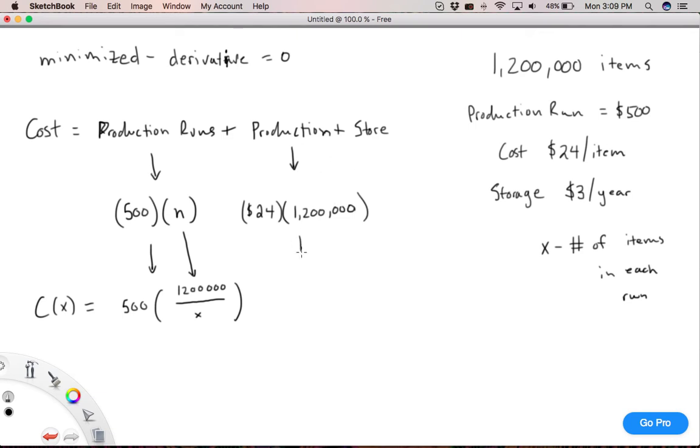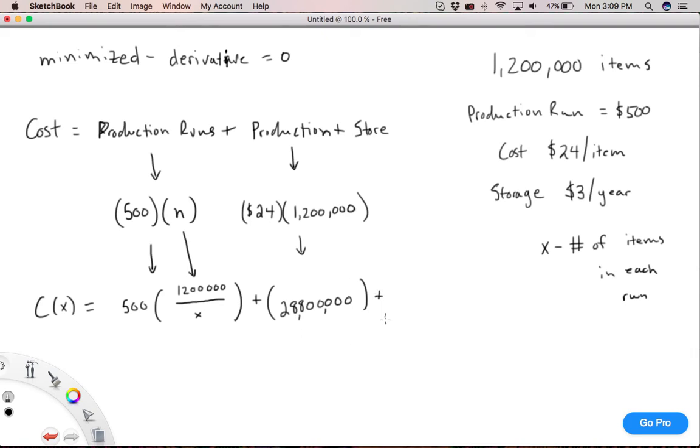And that's going to be added to the final cost. It's like the raw cost of all the items. It's going to be 288 followed by 5 zeros. 1, 2, 3, 4, 5. So that's like $28 million just to make the items.